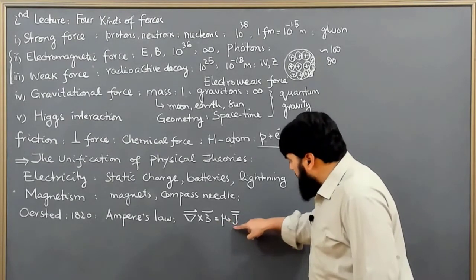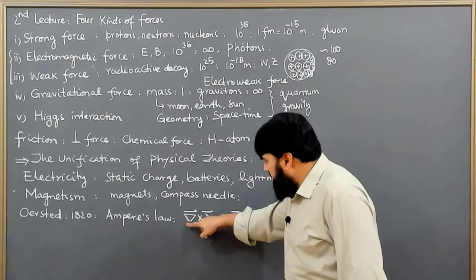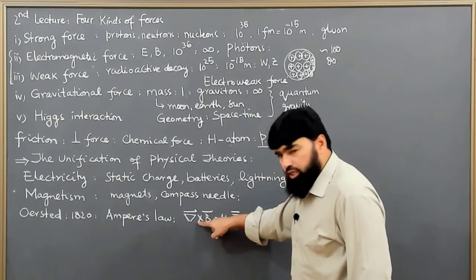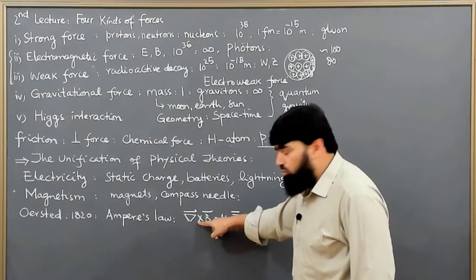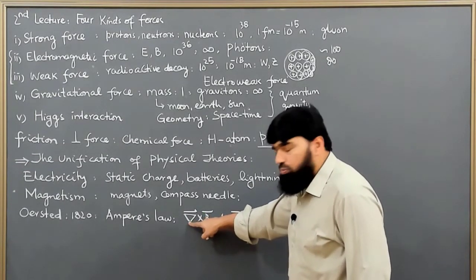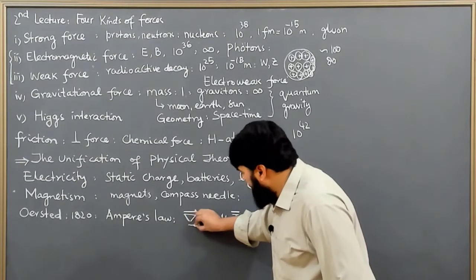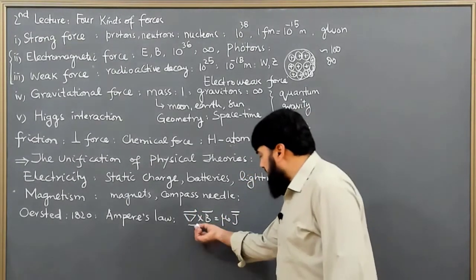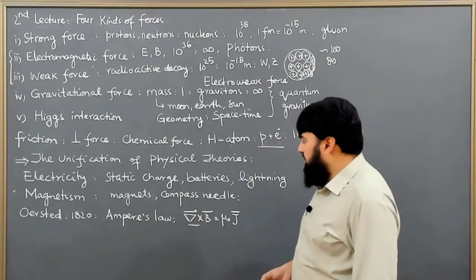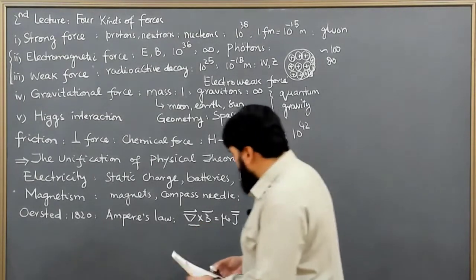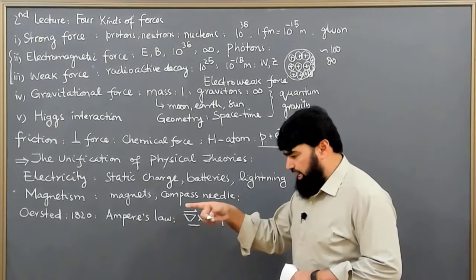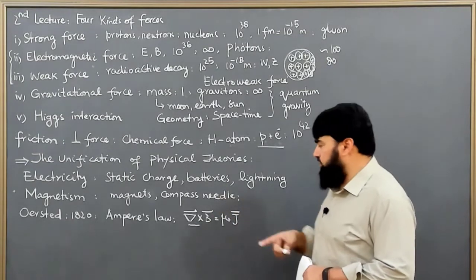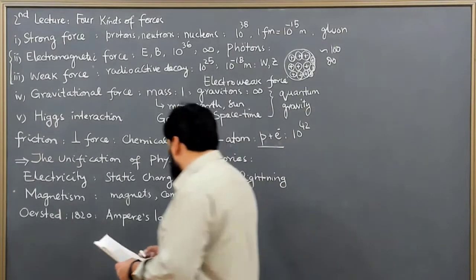So when current flows, it will cause a curling magnetic field. The cross product here means rotation is involved. This is the del operator, and combined, del and cross, we call curl. This is the curling of the magnetic field. So when current flows in a wire, the magnetic field goes around it, and vice versa.